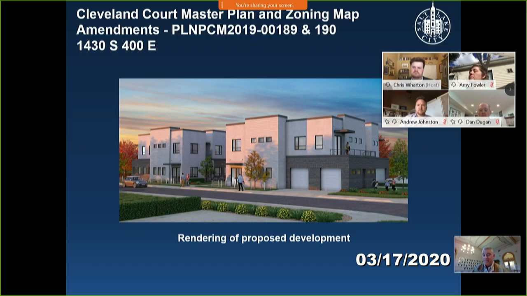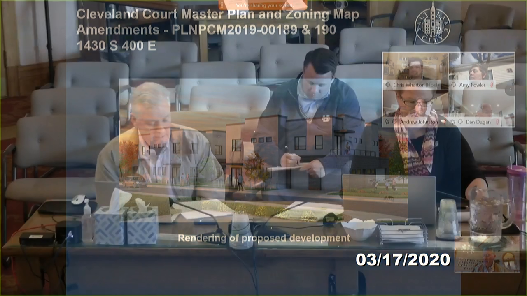It's an environmentally sustainable project. We're building it to be energy efficient. We're going to put solar on the roof as well. This project was supported by the Community Council when we went to the Community Council meeting. The current zoning, the RMF 35 zoning, also allows for 35 feet in a 3-story building, whereas our proposed height is 27 and a half feet in a 2-story building.